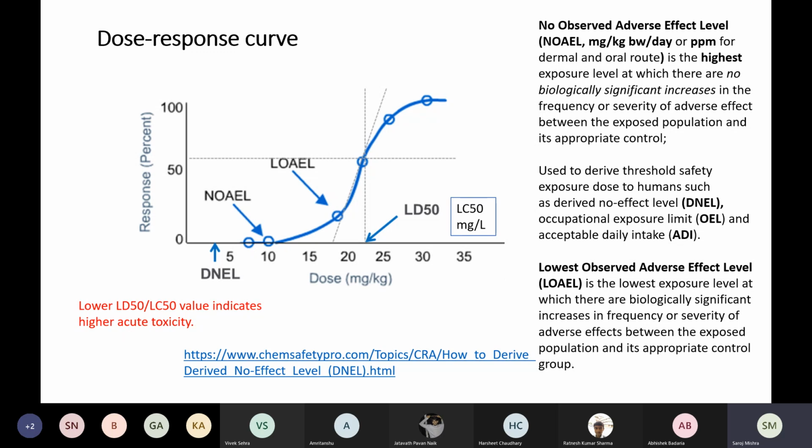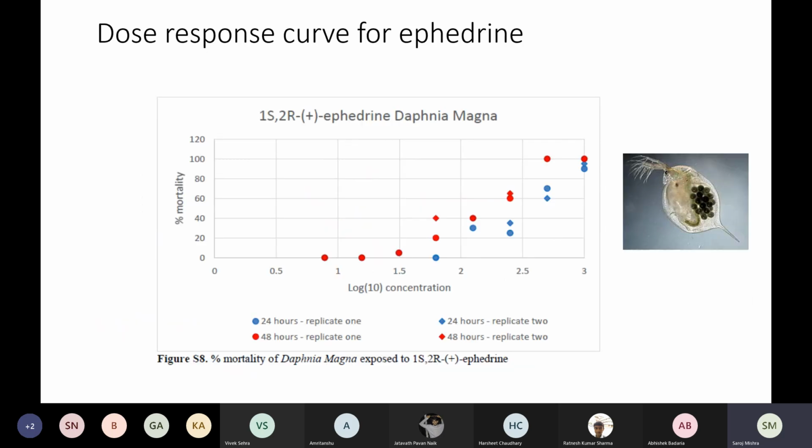So the concentration or dose at which 50% of the response is registered is called either LD50 or LC50. Now, I'm going to show you data obtained for mortality of Daphnia. There is a picture of Daphnia here. It's extremely important. It's a small insect, and it essentially feeds on the primary producers like microalgae and bacteria. When you go back to the trophic structure of an ecosystem, the primary producers which produce the food are the microalgae and the photosynthetic bacteria.